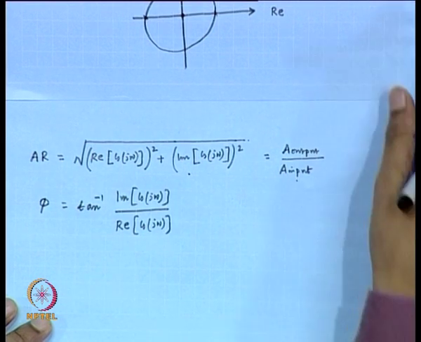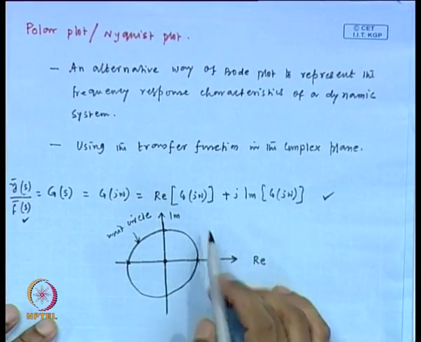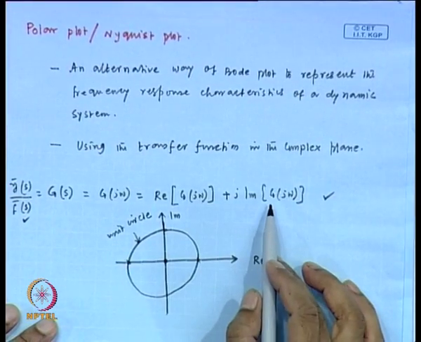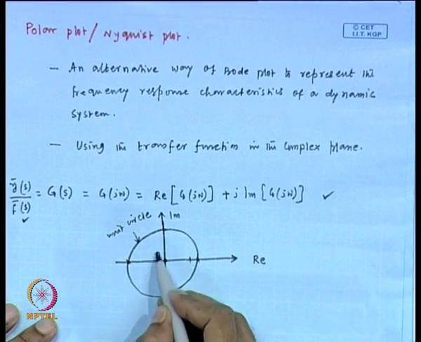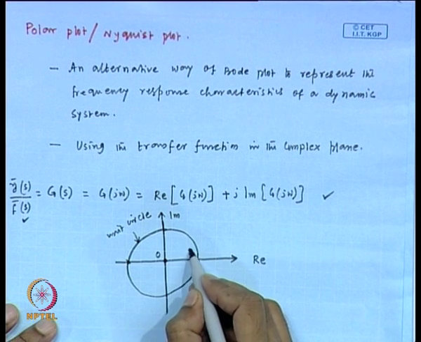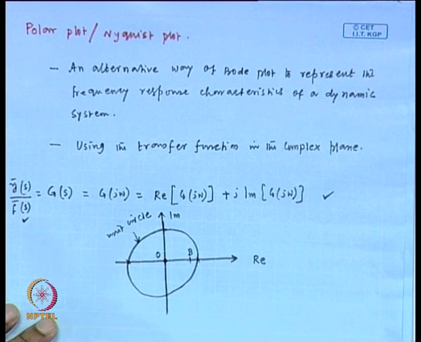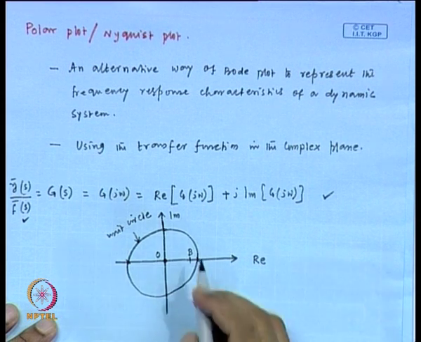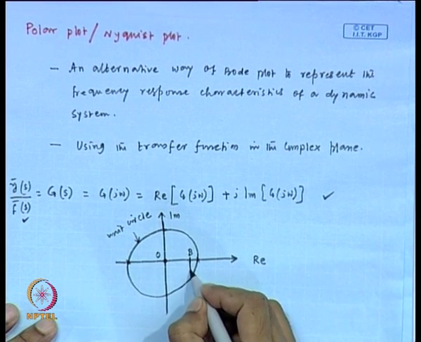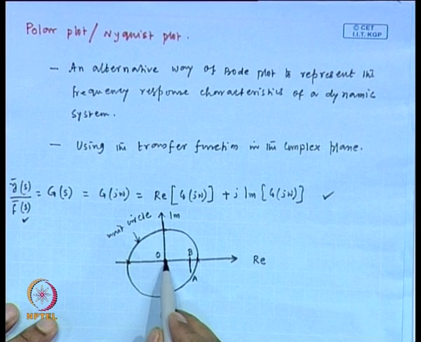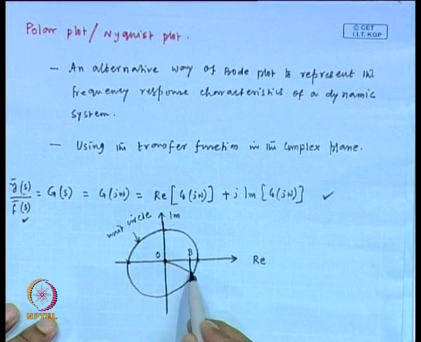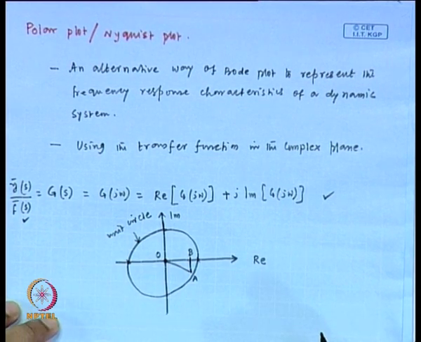Fine. If we consider this as a complex number, then suppose this part OB represents the real part, BA represents the imaginary part. So, how much is OA? OA is the amplitude ratio.